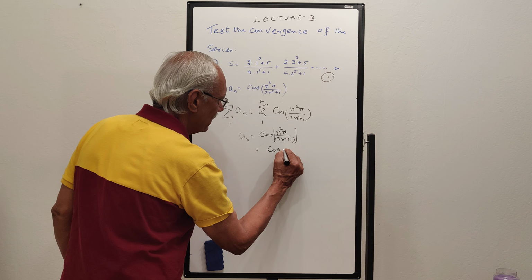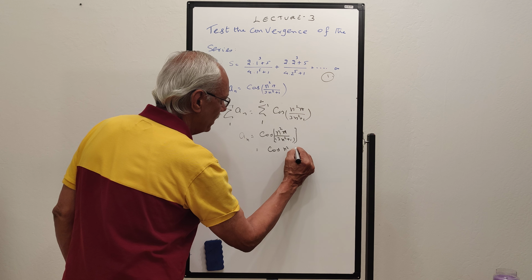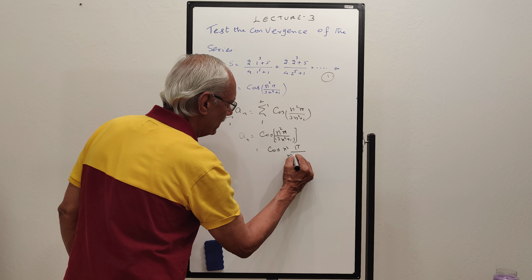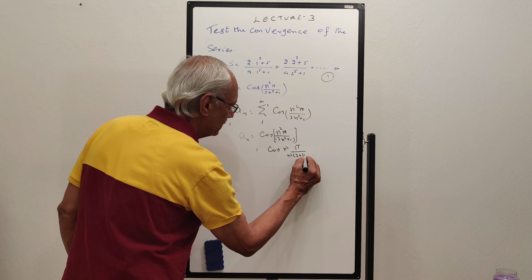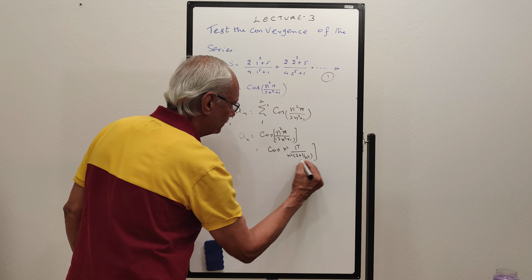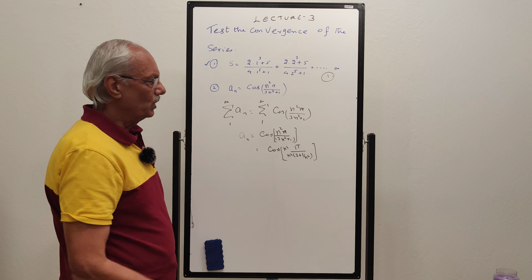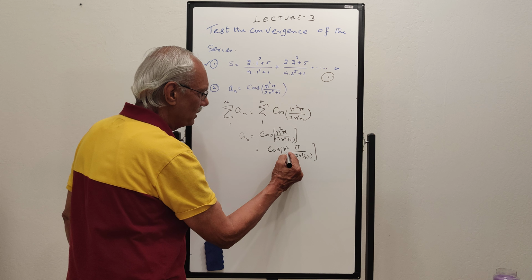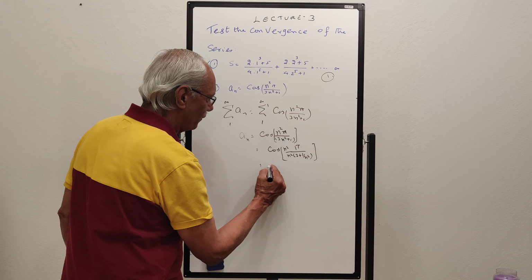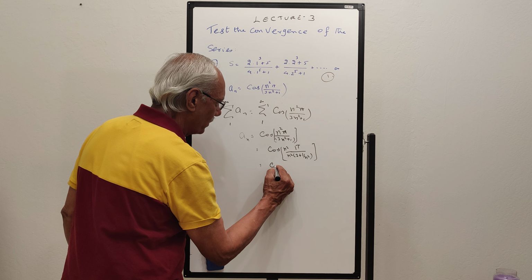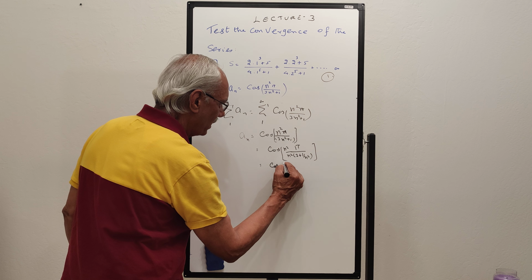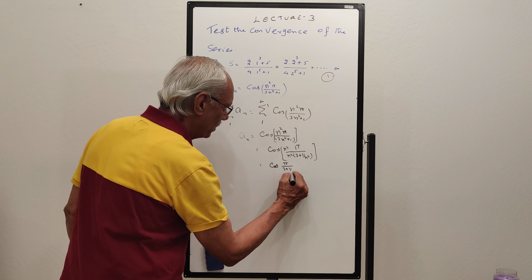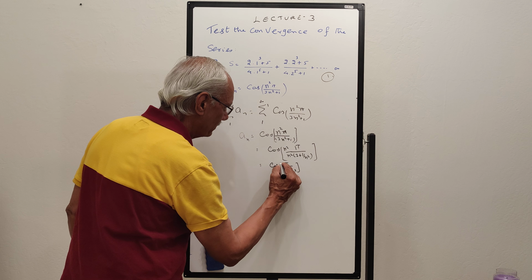Cos, you take this n squared outside, then pi divided by, take this n squared outside, 3 plus 1 by n squared. So this n squared and n squared will go off, giving you cos of pi divided by 3 plus 1 by n squared.